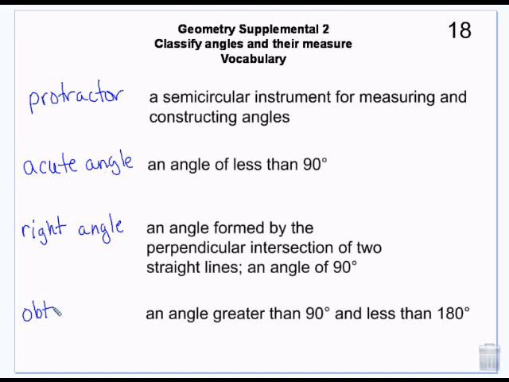And then we have obtuse angles. They're big, more than 90 degrees, so they're kind of fat. Obtuse is sort of like obese. So you've got an acute angle, which is little, a right angle, which is perfectly 90 degrees, and an obtuse angle, which is big.